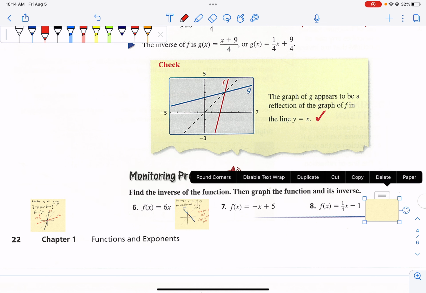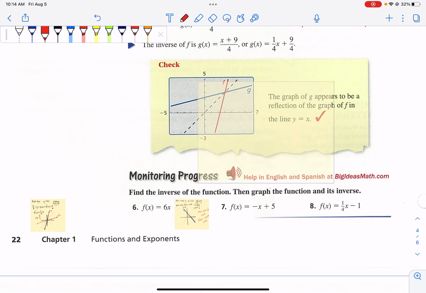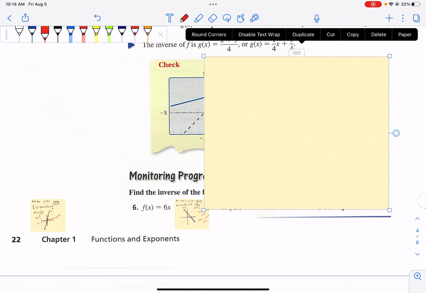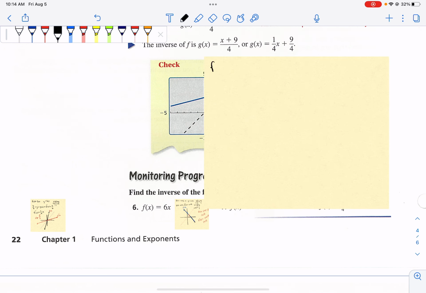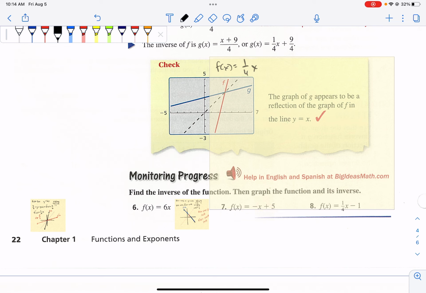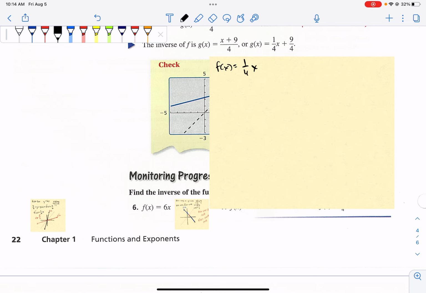So let's show you 8. f of x equals 1/4 x, and it was minus 1? Yeah, minus 1. So my steps are y equals 1/4 x minus 1.